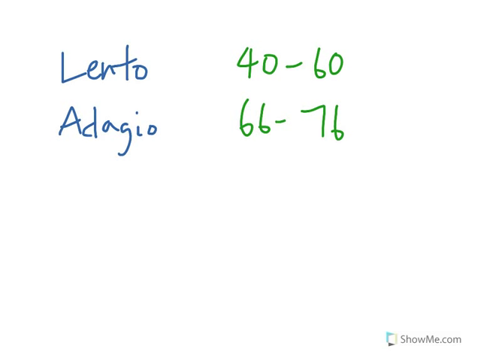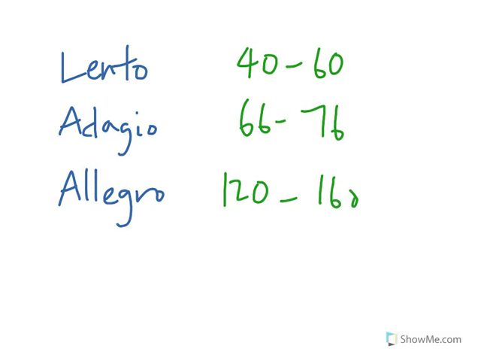Then there is allegro, which is fairly fast. It's a pretty brisk pace, and so that's around 120 to 168. Then there's presto, which is really fast, and that's 168 all the way up to 200.